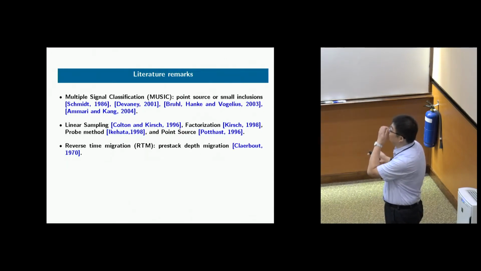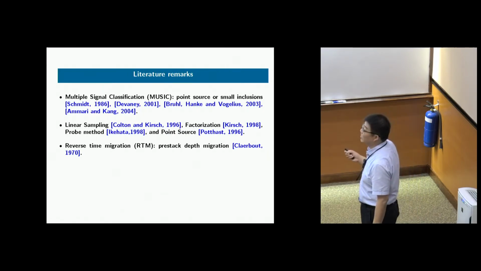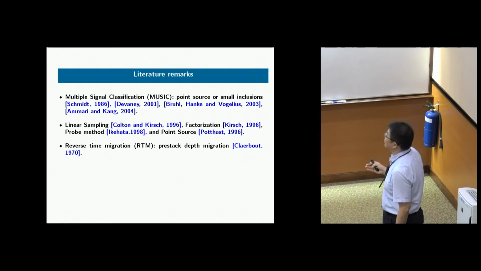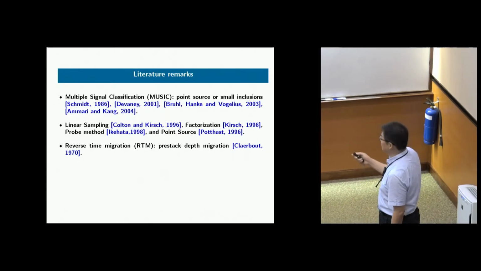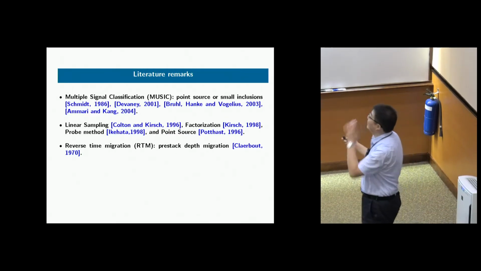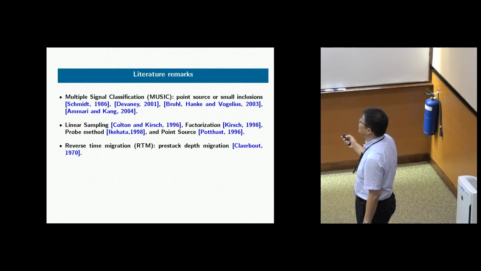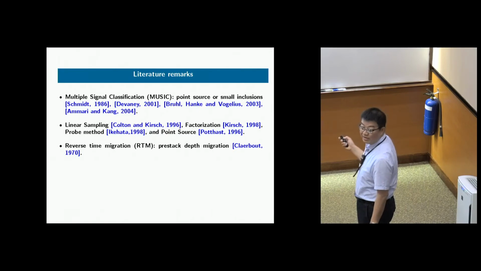Let me first say a few words about the direct imaging methods. Yesterday, Jing already gave a talk about this set of methods. For example, for the small inclusion, we have the MUSIC method, for point sources and small inclusions. We started trying to understand MUSIC, and I still don't have a theorem.